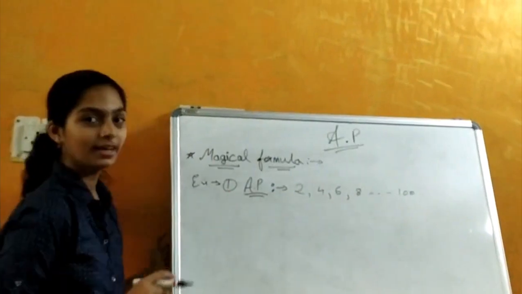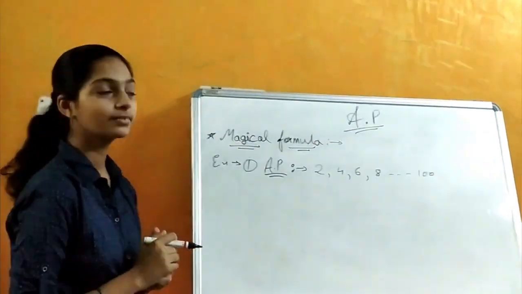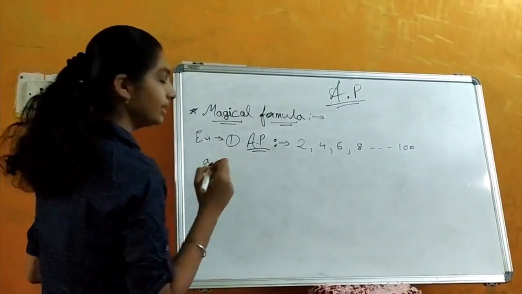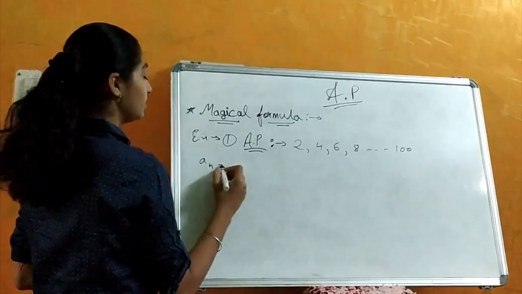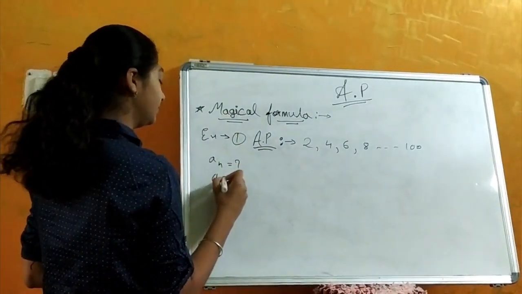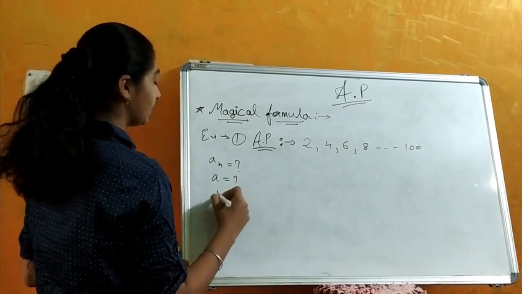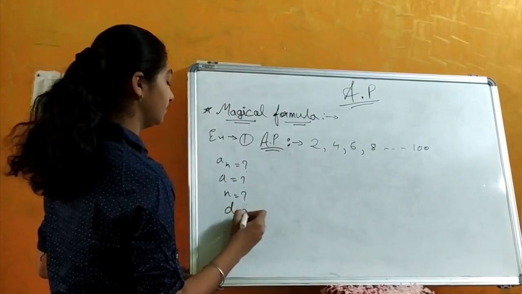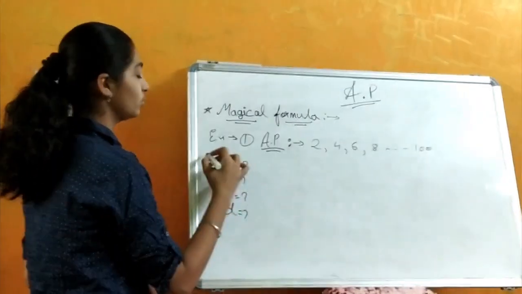Okay, this is our AP. Now we have to determine what is an here, what is a here, what is n here, and what is d here. Now how will we find all these terms?